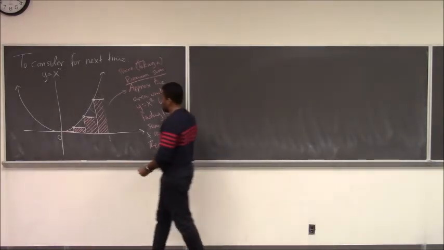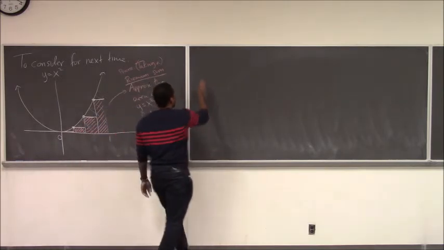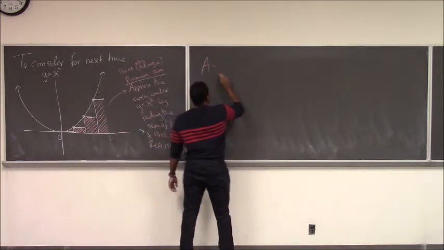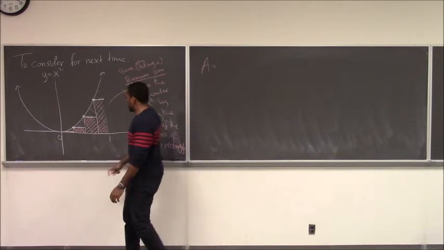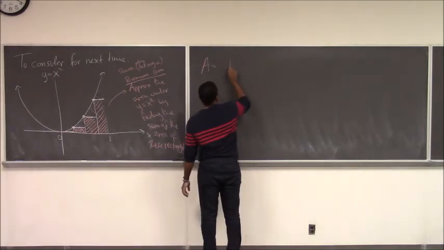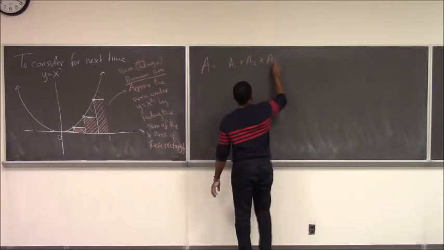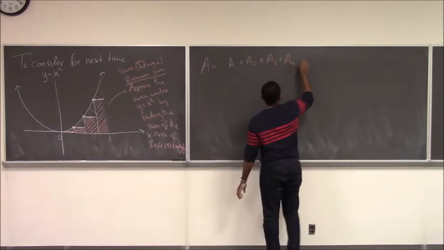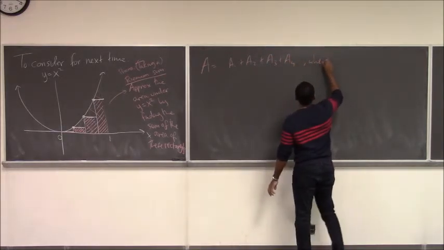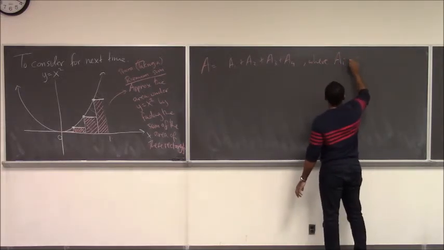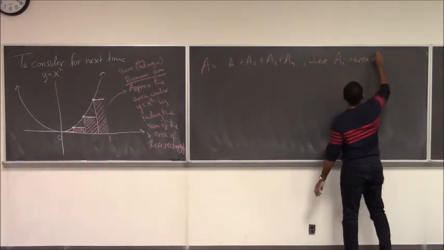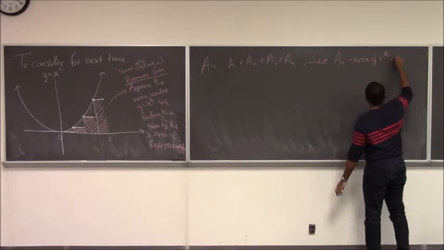And so what you'll see here is the area is going to be pretty much the sum of the area of the first rectangle, area of the second rectangle, area of the third rectangle, area of the fourth rectangle, where A_i equals area of the ith rectangle.